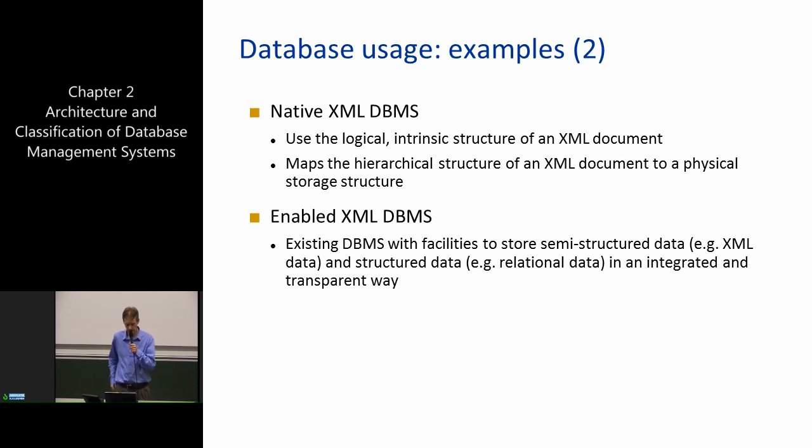So in a native XML DBMS, you're going to use the logical intrinsic structure of an XML document, which is very hierarchical in nature. Basically what you're going to do is map this hierarchical structure to a physical storage structure.